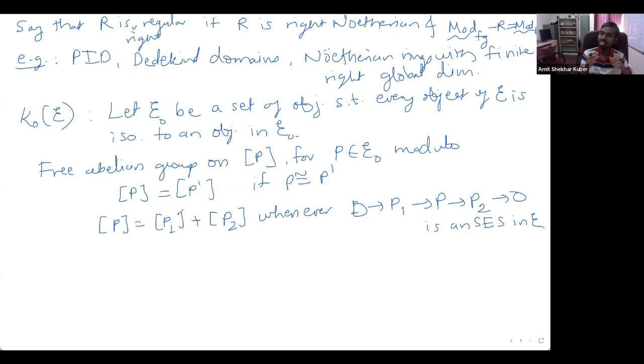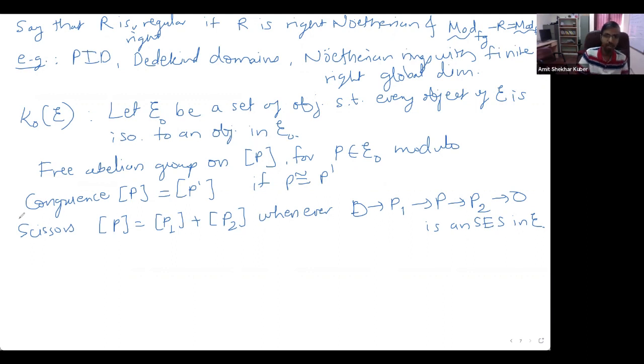Whatever the extension of P2 by P1, its class will be the same. This is also known as scissors congruence. So this is the congruence relation, and the second one is the scissors relation. It's like you are breaking a module into two halves. So K0 of E will actually show what scissors congruence is.